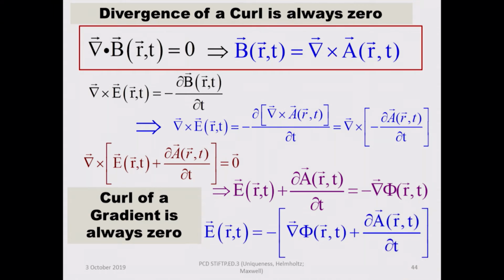So, what is the electric intensity field itself? It is minus del phi plus del A by del t. So, certainly it is equal to minus del phi, which by itself is completely irrotational in steady state phenomena. But when the phenomena are not steady state, then you must add the del A by del t to make it irrotational. Okay?